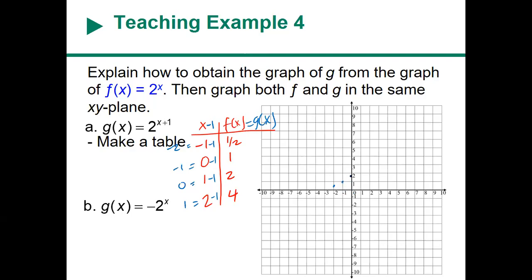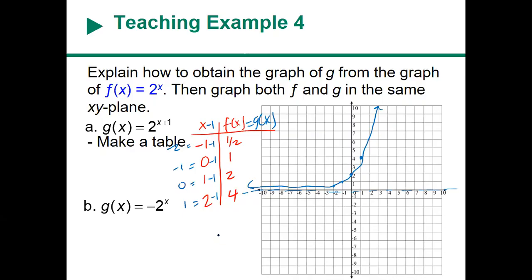At 0, I'm at 2. At 1, I'm at 4. That's all that changed. I don't have a change in my D, so I still have my horizontal asymptote at y equals 0. And so now I'm going to do my very, very best to connect and curve.